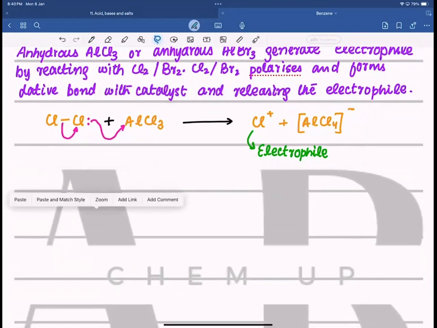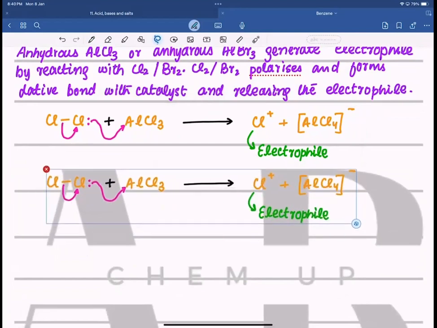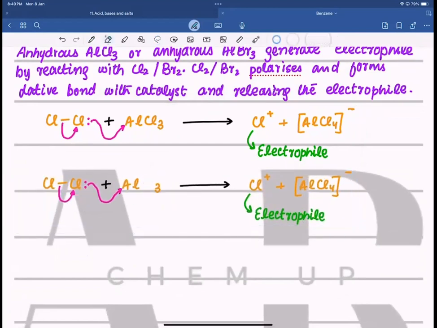In the same way, you will find that bromine also becomes an electrophile in the same manner, by reacting with aluminium bromide, forming the bromine positive ion and AlBr4 negative.